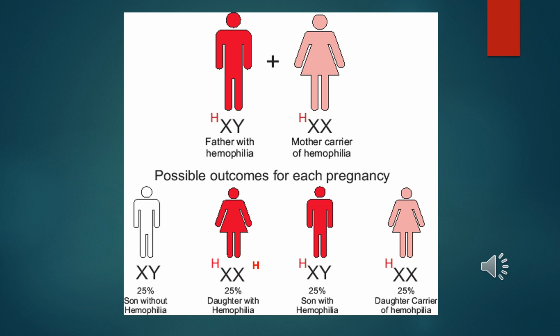You make a Punnett square and you will see that 25% sons are without hemophilia, 25% daughters are with hemophilia, 25% sons are with hemophilia, and 25% daughters may be carriers of hemophilia. So what you have to do, you have to take paper and pen and make all these cases, Punnett squares, and from this chapter no normal questions are there, always in twisted language, and we have to solve like this.